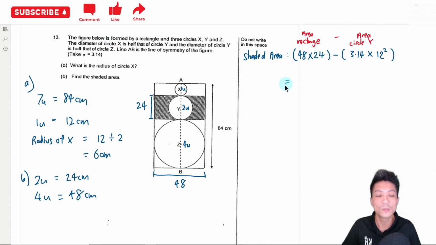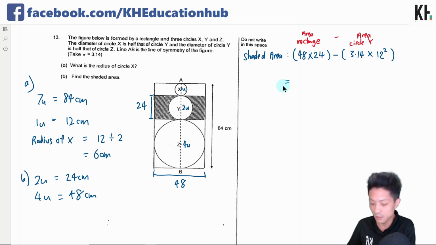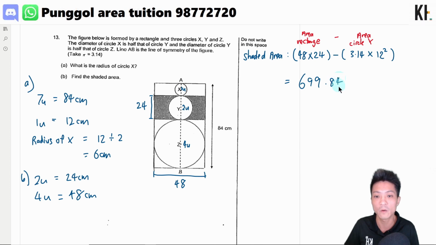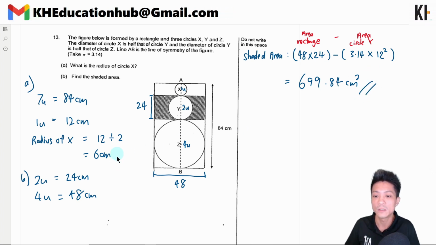Since you have a calculator, 48 times 24 minus 3.14 times 12 squared will give you 699.84 square cm. So this is the answer for part B.